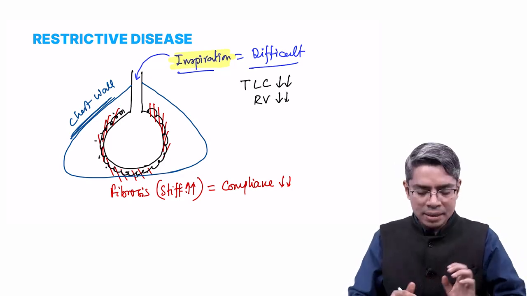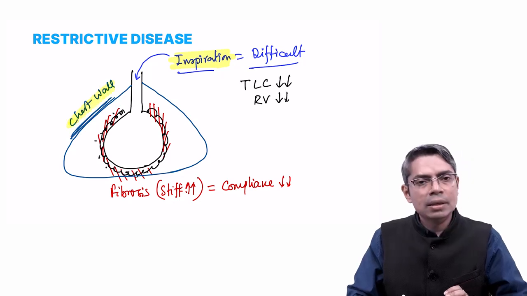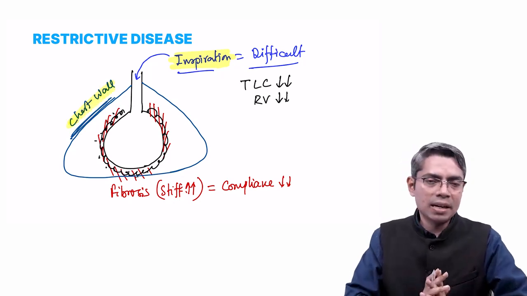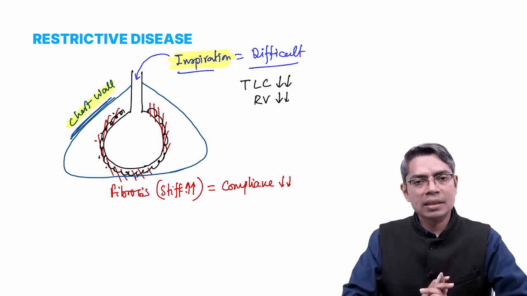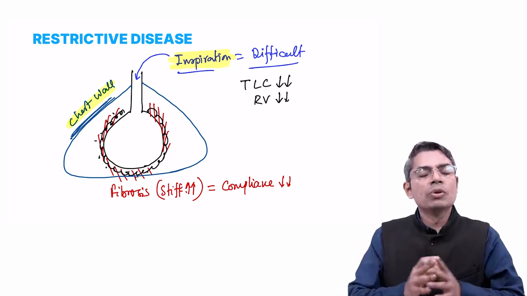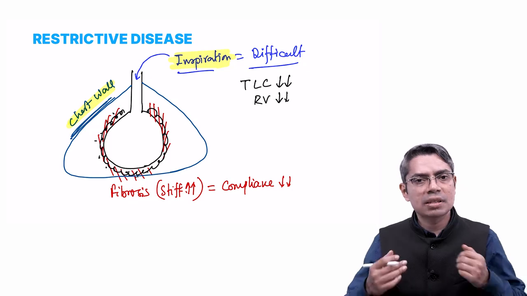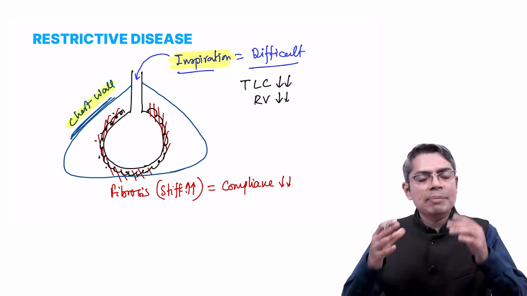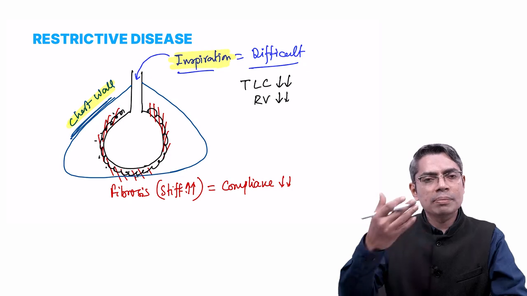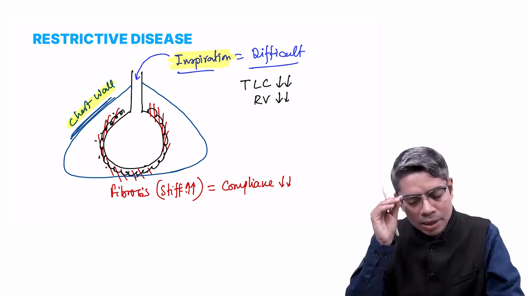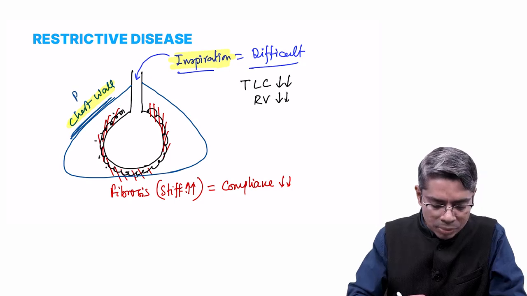But note down that suppose the muscles in the chest wall are paralyzed. In this condition, if I ask you to do a forceful expiration, will you be able to apply maximum force? The answer is no, because your muscles are paralyzed. So if you are not applying maximum force, then you are not expiring fully from the lung. So what will happen to the residual volume in these cases?